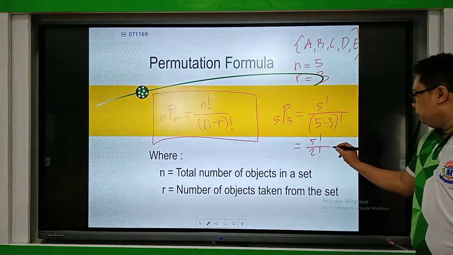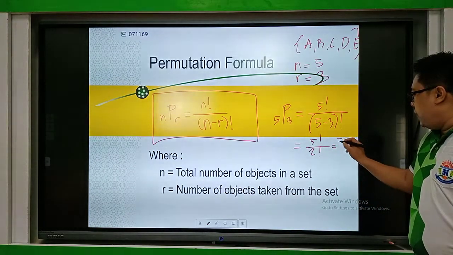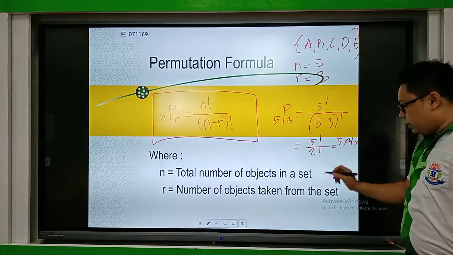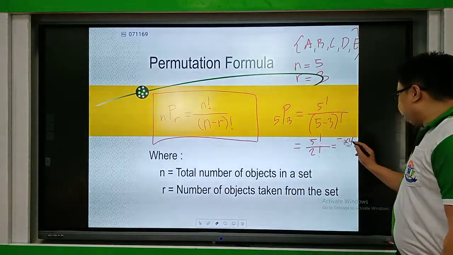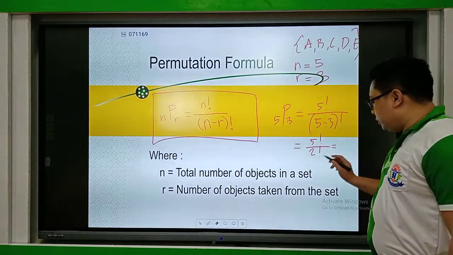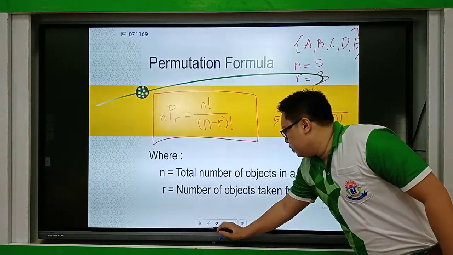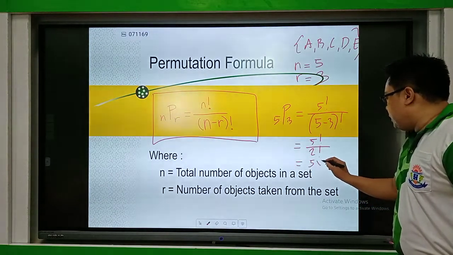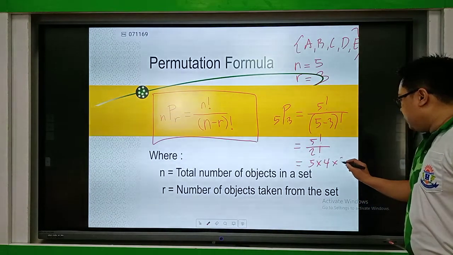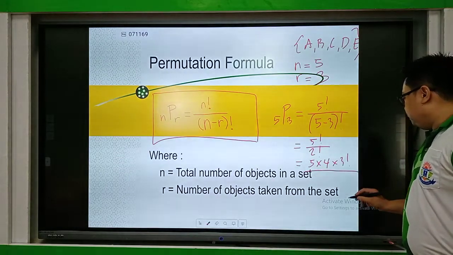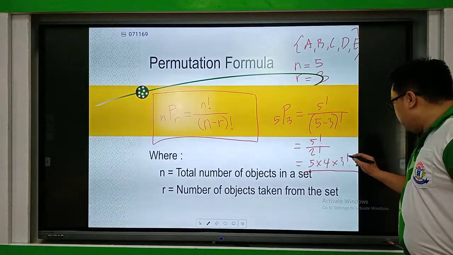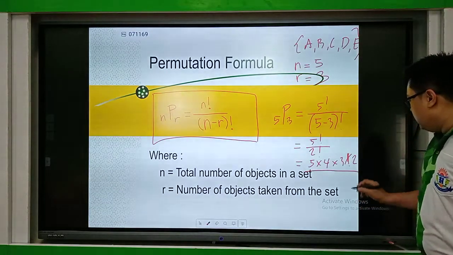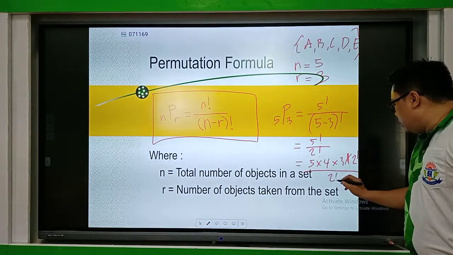That will give us 5 times 4 times 3 factorial. Excuse me, I'll just write it below. So we have 5 times 4 times 3 times 2 factorial over 2 factorial.